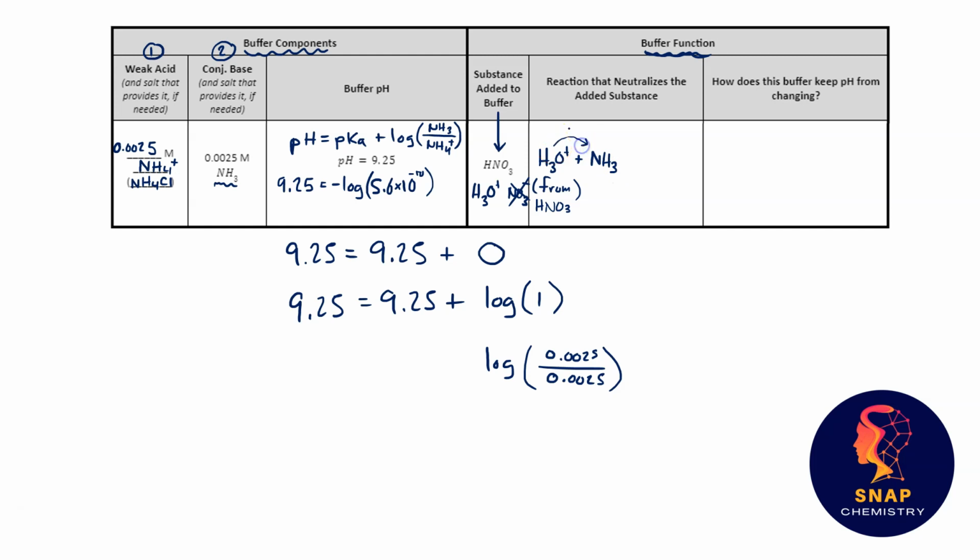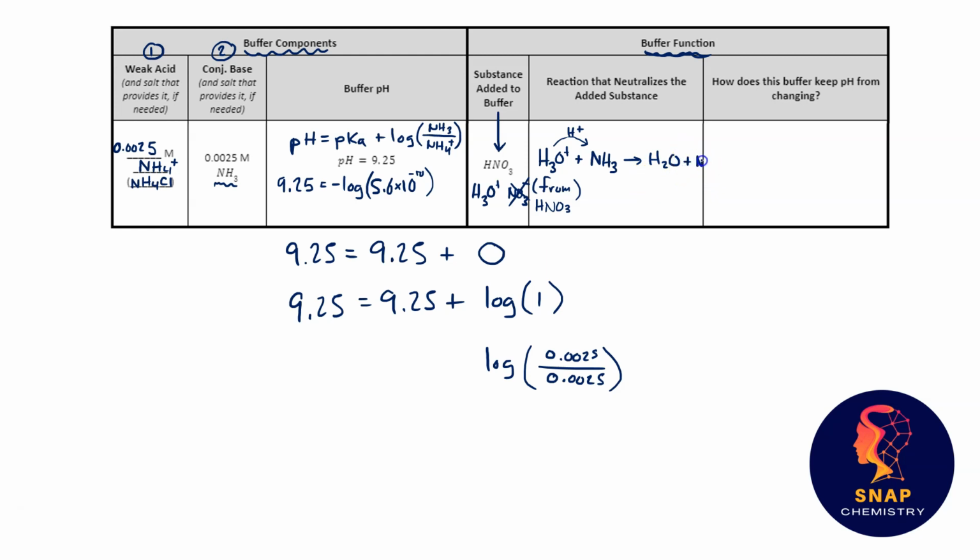From here, it's just a simple proton transfer, so the H+ leaves the acid, goes to the base, and you can see that what keeps the pH from changing is that the H3O+ from the HNO3 is safely converted into H2O, which means it's not going to drastically lower the pH.